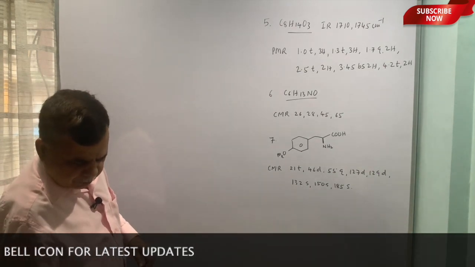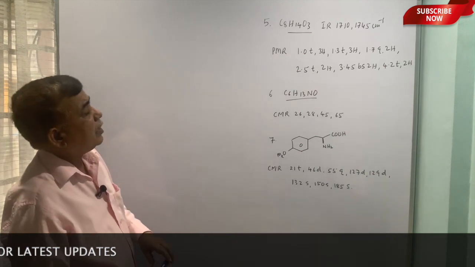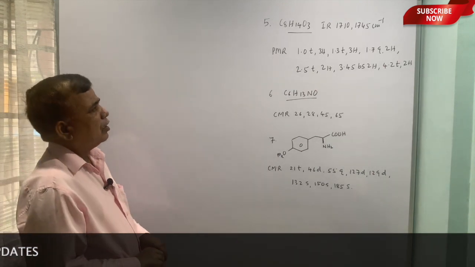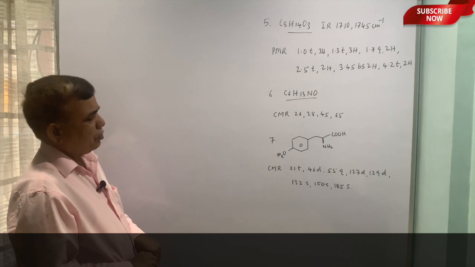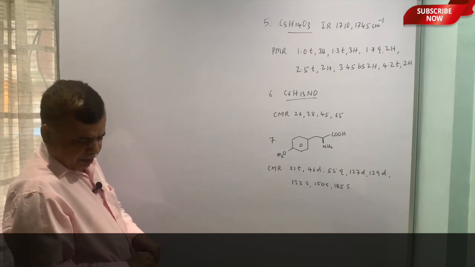C8H14O3. Now this is a bifunctional compound because 1710 is supposed to be a ketone, and 1745 is supposed to be an ester.